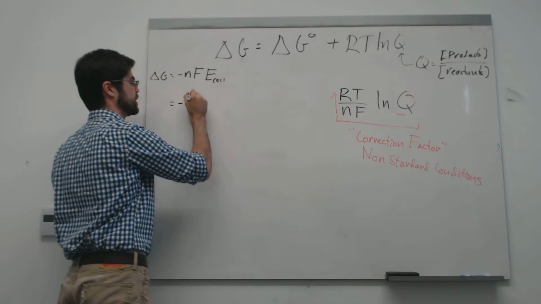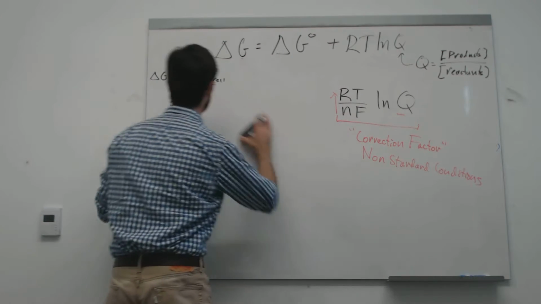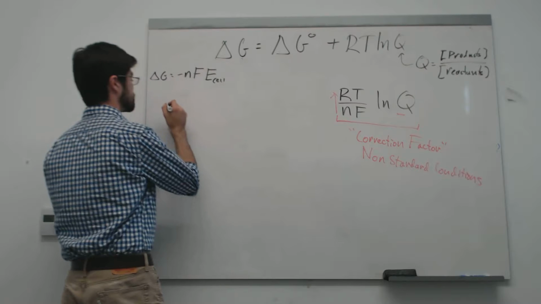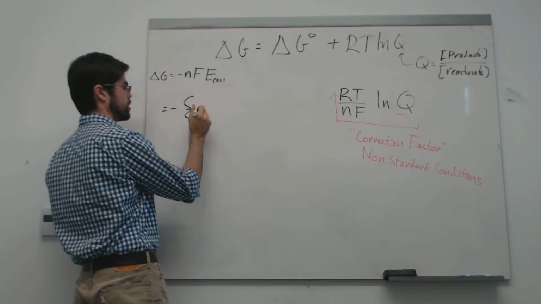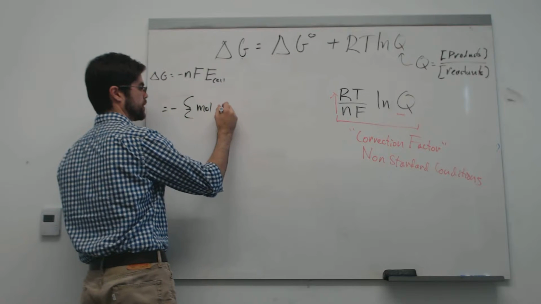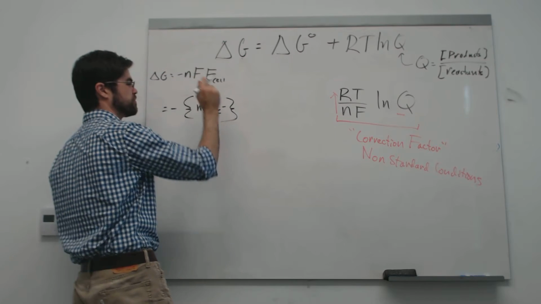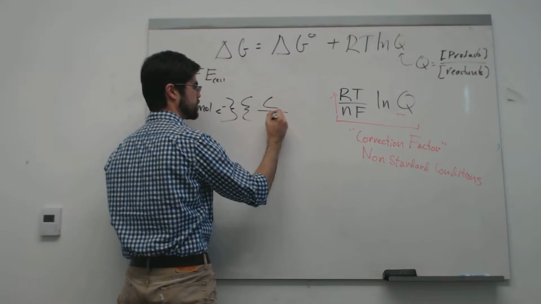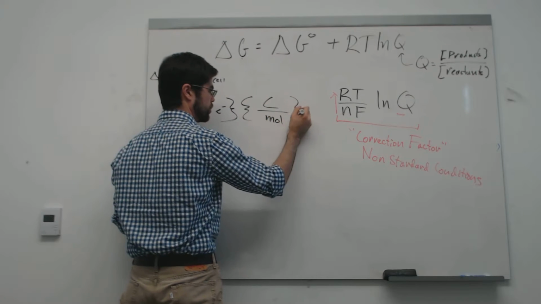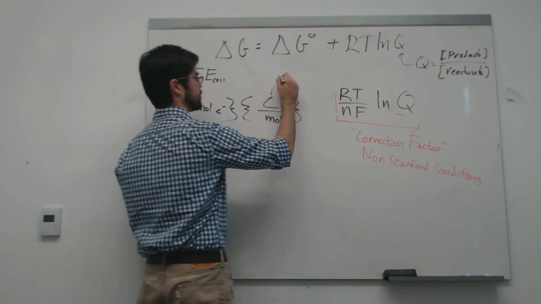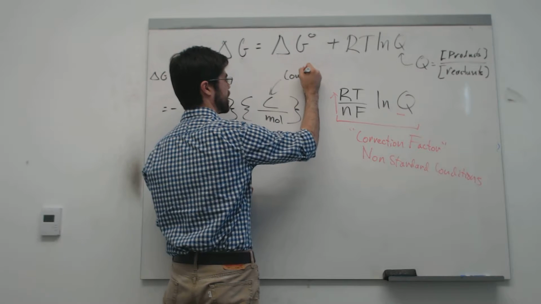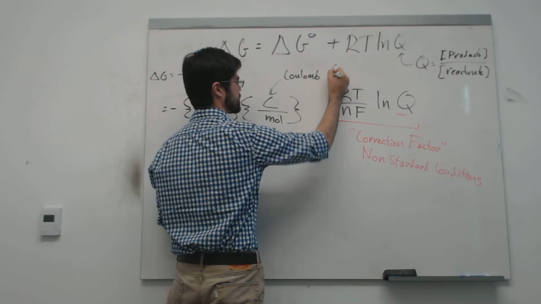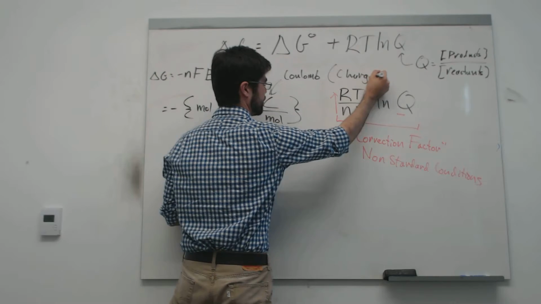So my units are moles of electrons. The Faraday constant has units of coulombs per mole. C here is the unit of coulomb, which is the SI unit of charge.